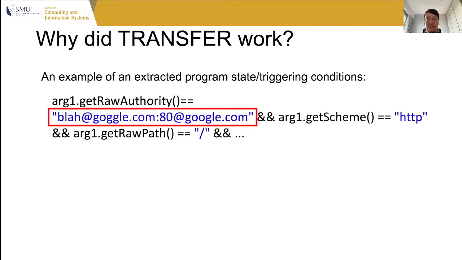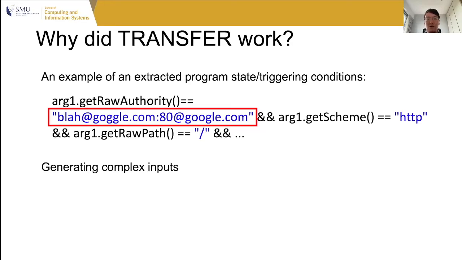And this happens when a malformed URL is provided. So in this case, we see that the malformed URL is captured as part of the program state. And this allows Transfer to guide the generation of a client test case that satisfies this triggering condition. And this fundamentally allowed Transfer to generate complex inputs, which is the key to satisfying this set of triggering conditions.